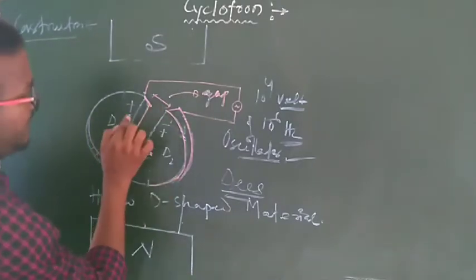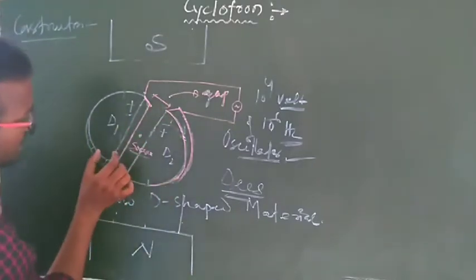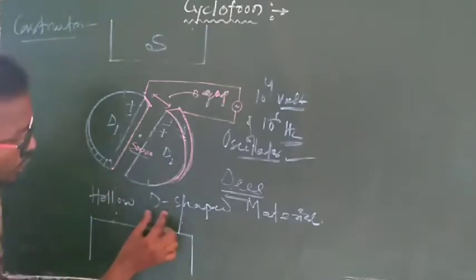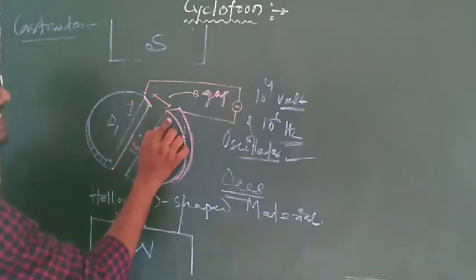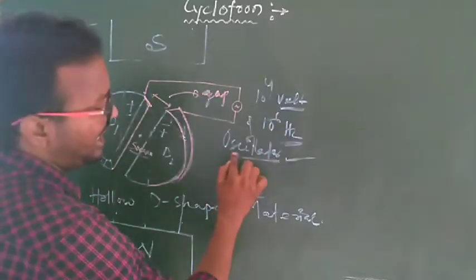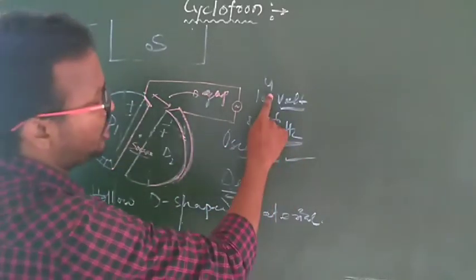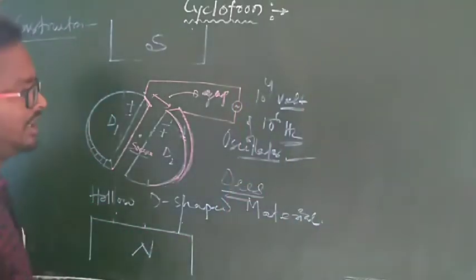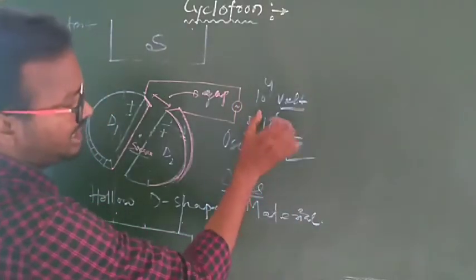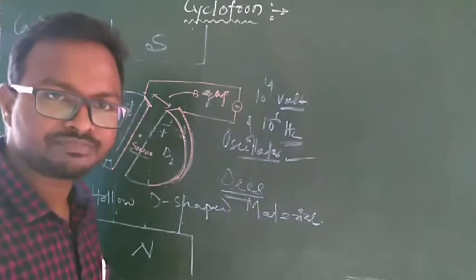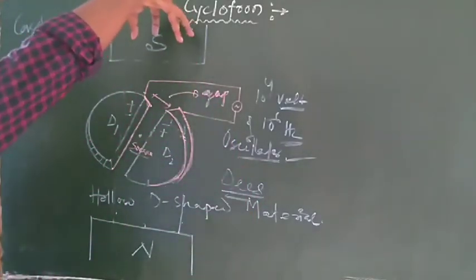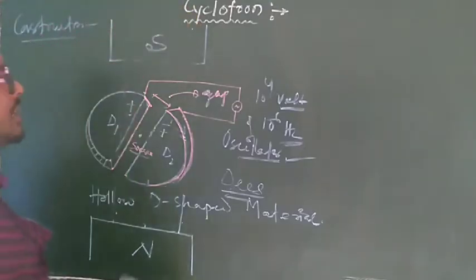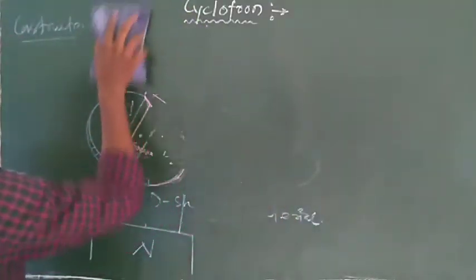There is a small gap between the two D's, and these two D's are hollow, highly conducting material, connected with a high-frequency oscillator which provides nearly 10 to the power 4 volt, and a frequency of about 10 to the power 6 hertz. If we observe from its topmost point, the diagram will be like this.